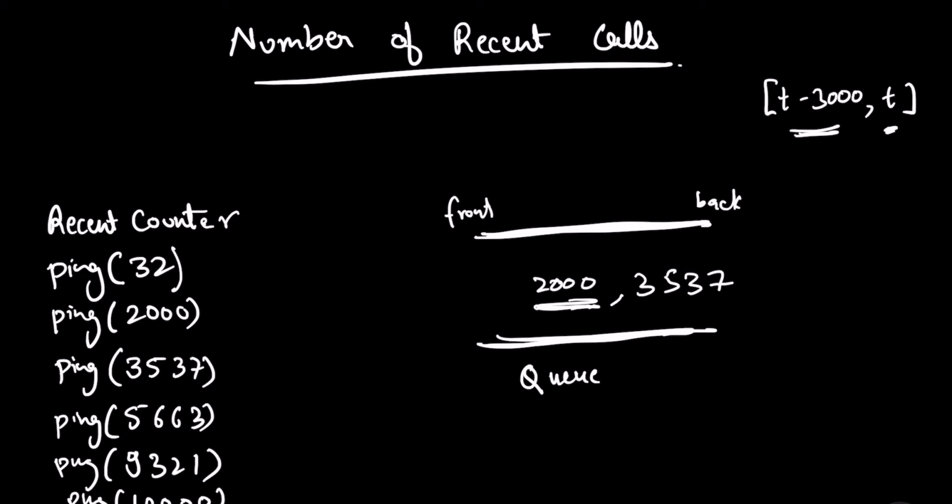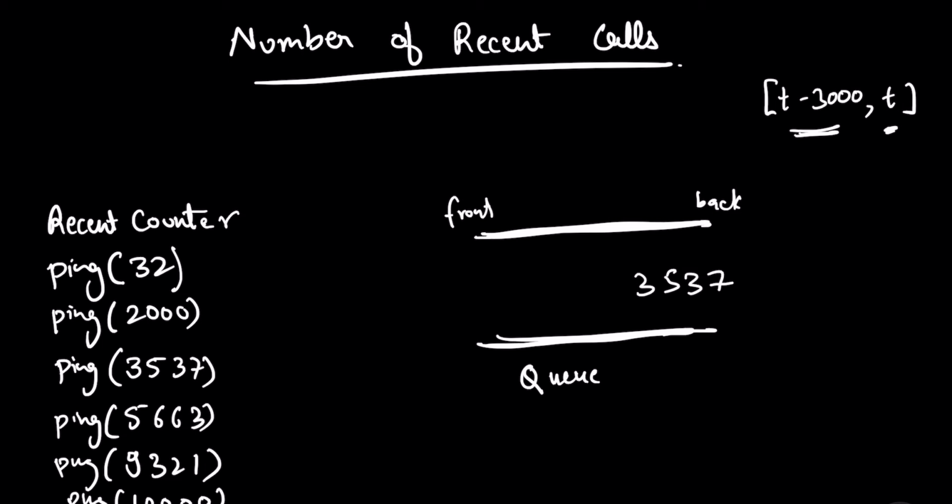So that's 5663, right? So for 5663, again, we check the first element of the queue, the front of the queue, and 2000 actually happens before the time t minus 3000, right? Before the time 5663 minus 3000. So it's outdated now, and we should just remove this from the queue.